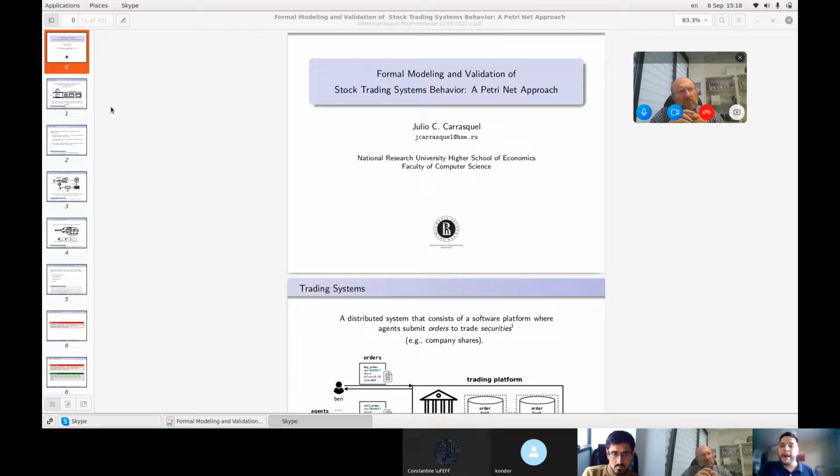If you need to verify a system and the system is big, the number of nodes of this Petri net is big, maybe we can get to a smaller model whose analysis will be more efficient, faster, and still represents the same behavior of the bigger model. So I know that there are techniques for refinement of the model.